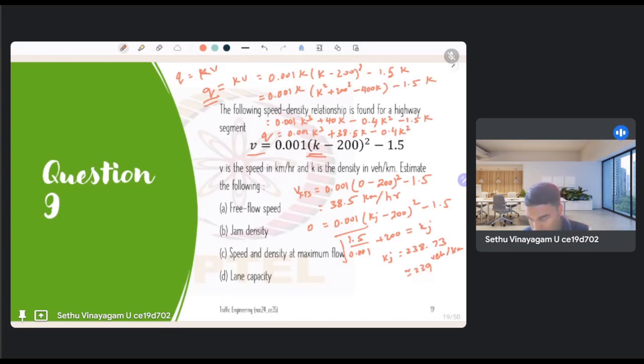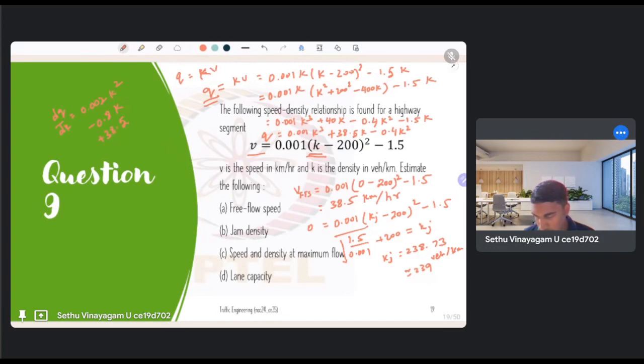Okay, so now we want to find dq by dk. So what will dq by dk be? It will be 0.002 k squared minus 0.8 k plus 38.5.